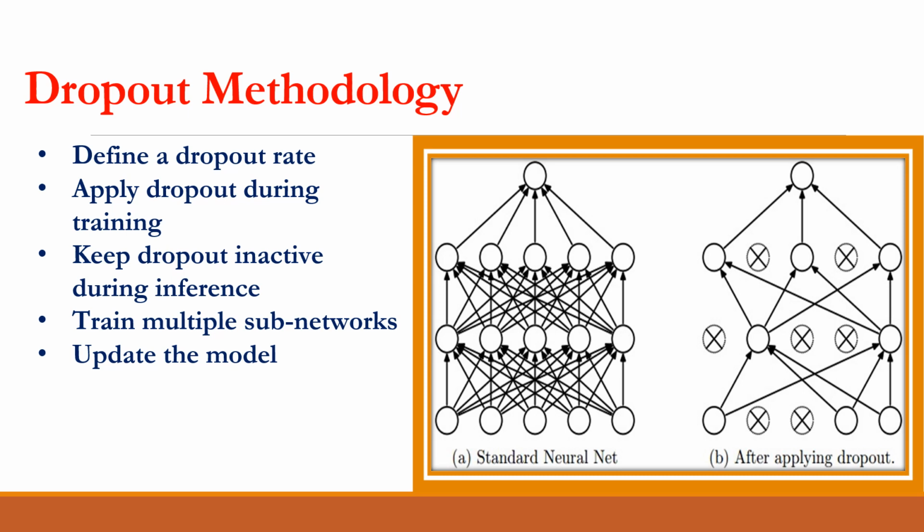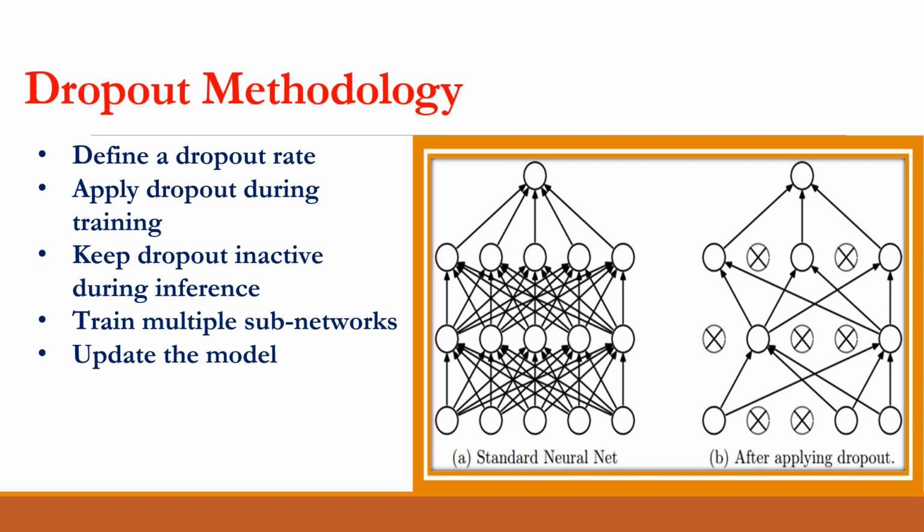In layman's terms, dropout can be thought of as a safeguard against overfitting. By randomly disabling a portion of neurons, the model is forced to learn more robust features that are less dependent on any single neuron. This helps the model generalize better to new data. For example, consider a handwriting recognition model that has been trained on a large dataset of handwritten digits.